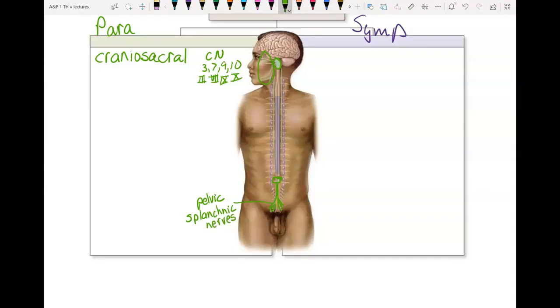So for parasympathetic, you have from the brainstem 4 cranial nerves, and from the sacral region of the spine, pelvic splanchnic nerves. For sympathetic, it comes from all of this part of the spine. So this is the thoracic and lumbar. So because of that, it is also called the thoracolumbar.